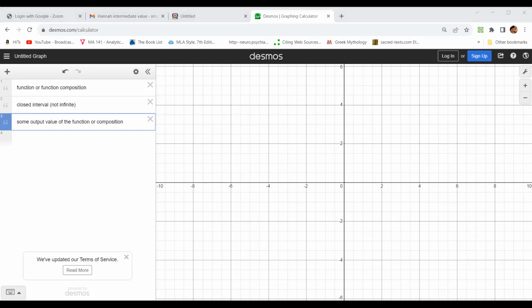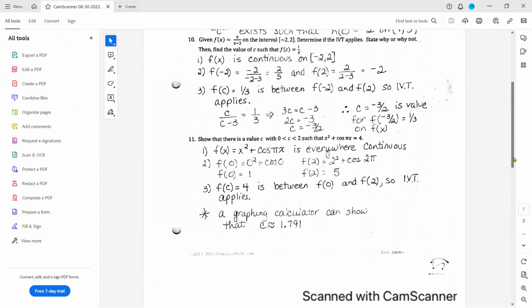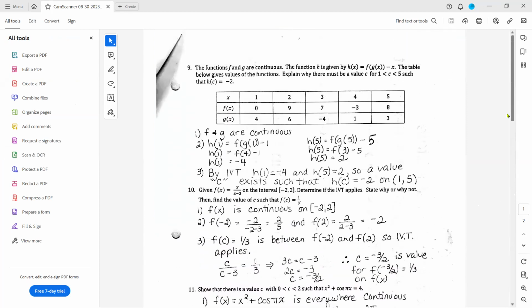So let's go back to the share here and look at something really quick. I'm going to show you this first, because maybe this will help you on number 11. Let me go back to number 9 for a minute.